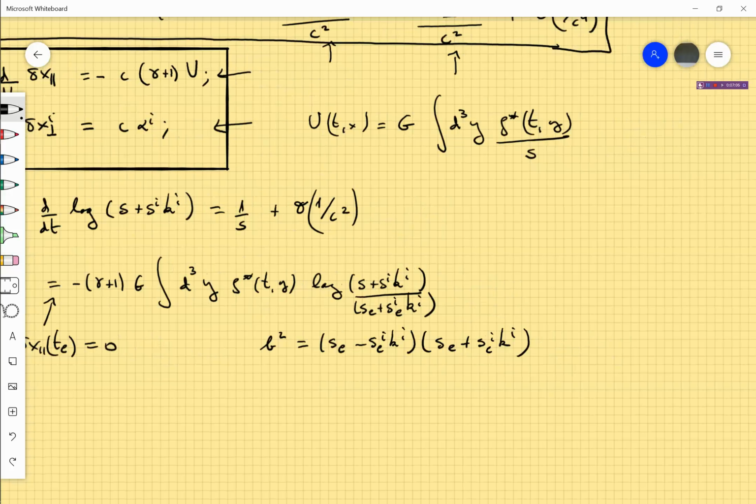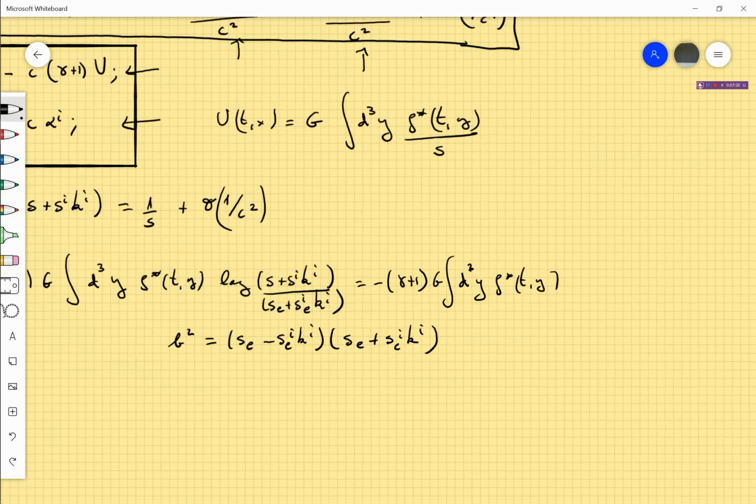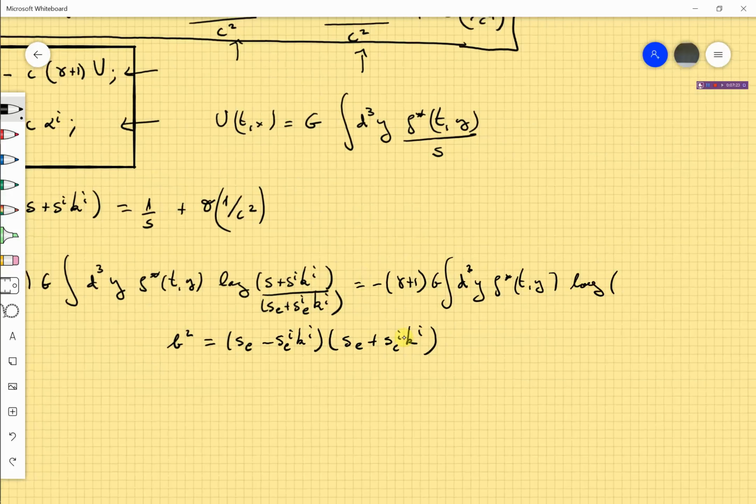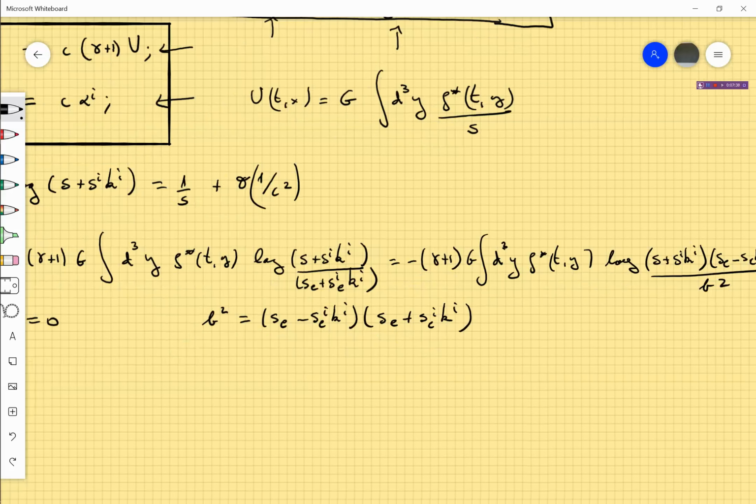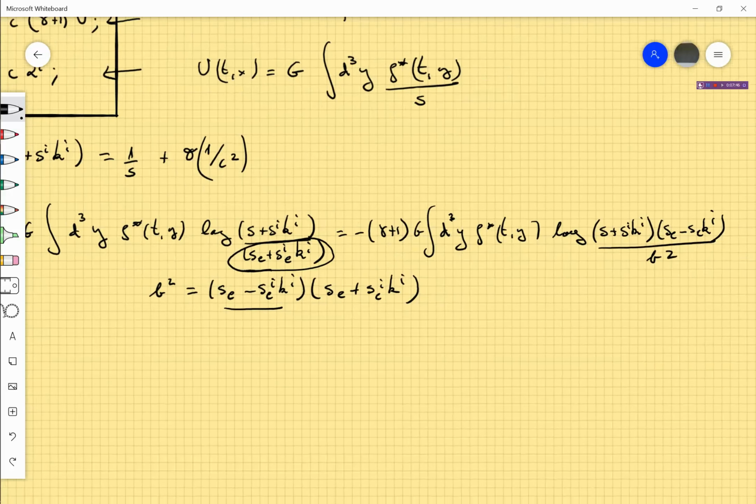If you use this expression here, then you can rewrite the integrand, d3y rho star of t, y, and then the log of s plus si ki times s_e minus s_e ki, divided by b squared. We just use this trick to write this in terms of the same analogous expression with minus and b squared.